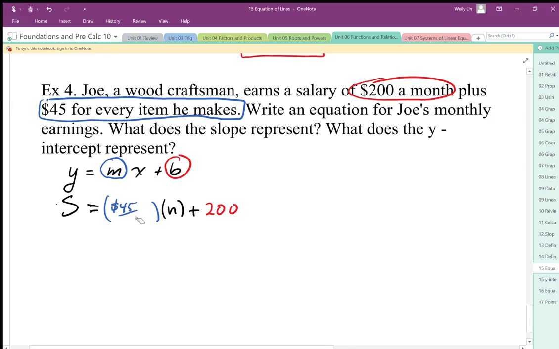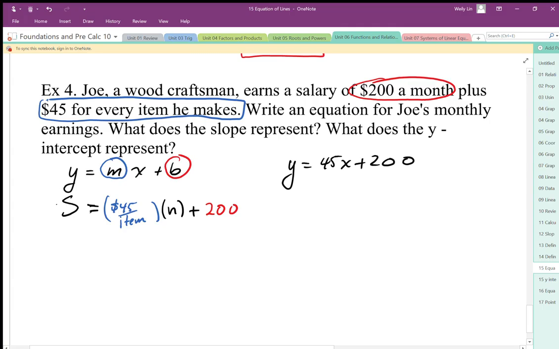Oops, this is not per month, but this is for every item. Okay, so I forgot to read carefully, $45 for every item. So this is the number of items. This is per item. Okay, so I'll clean that up. It looks kind of awkward, so I'm just going to write this as 45x plus 200.